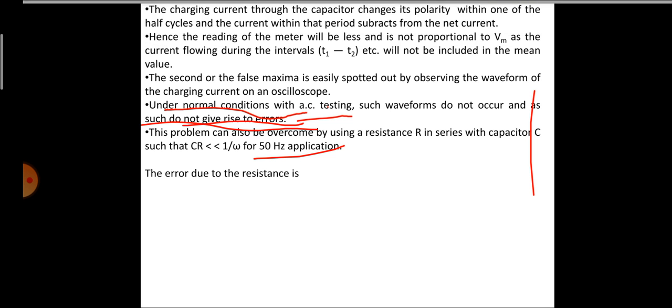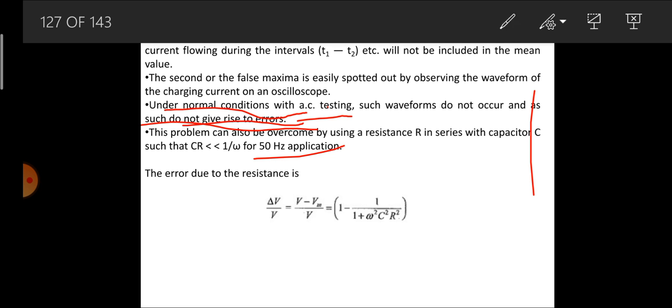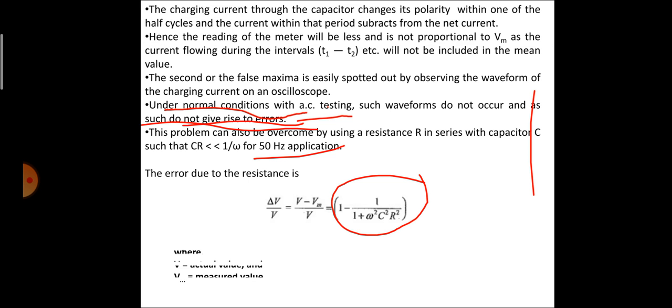The error due to that resistance is given as delta V divided by V equals (V minus Vm) by V, which can be rewritten as 1 minus 1 divided by 1 plus omega square C square R square, where V is the actual value and Vm is the measured value.